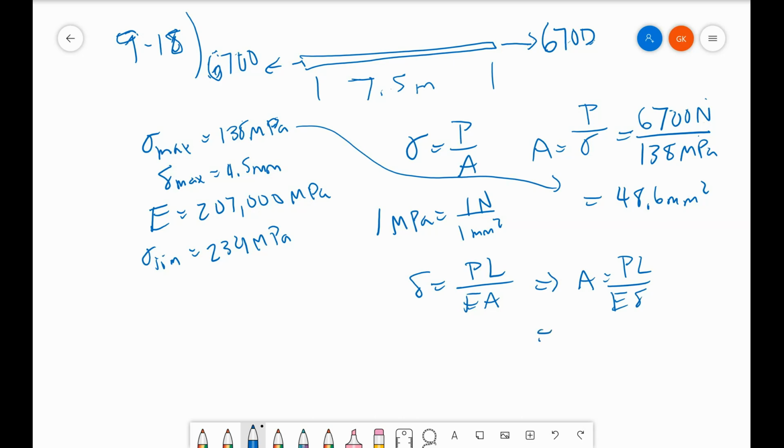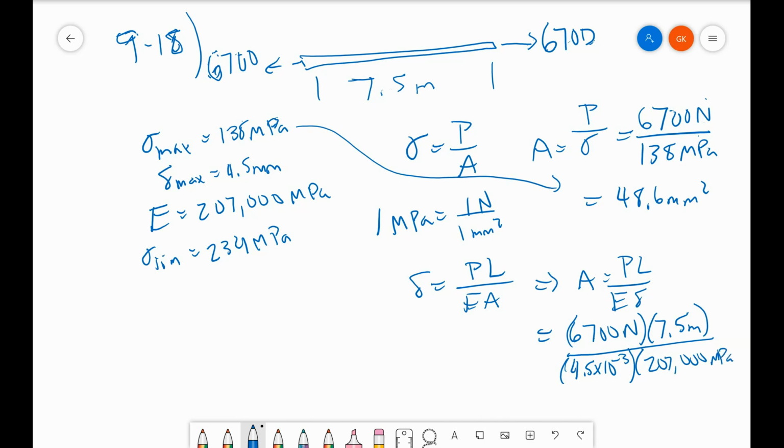If I plug all the numbers in here, quite a few of them, 6,700 newtons, 7.5 meters, all the way over 4.5 times 10 to the negative third, and 207,000 megapascals.